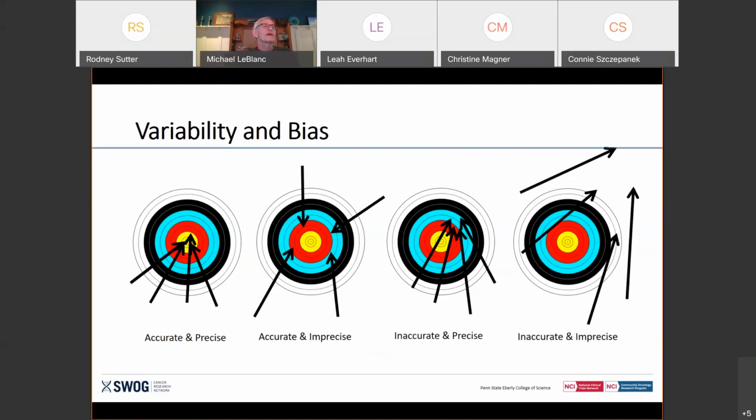Those arrows are basically going to the right spot, but they're spread out. Inaccurate and precise, all the arrows are going to the same spot, but it's the wrong spot. And then, of course, inaccurate and imprecise, the arrows are not hitting the bullseye at all. So those are the concepts of accuracy and precision, or related to bias and variance. Next slide.